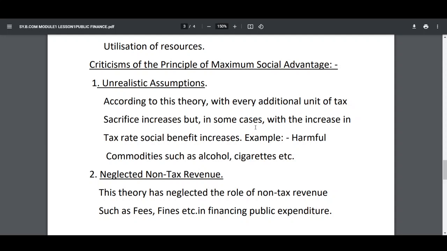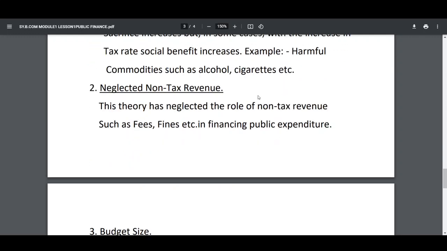But in some cases, sacrifice is not increasing with every additional unit of tax rate or with the imposition of new tax. Social benefit increases. For example, the tax which is imposed upon harmful commodities, we can say alcohol, cigarettes, etc. Because indirectly it increases the prices of these commodities, and the welfare of the people is increasing.